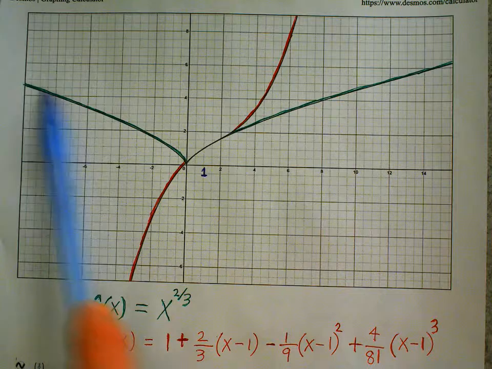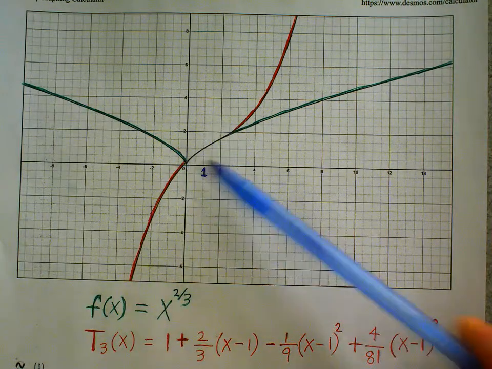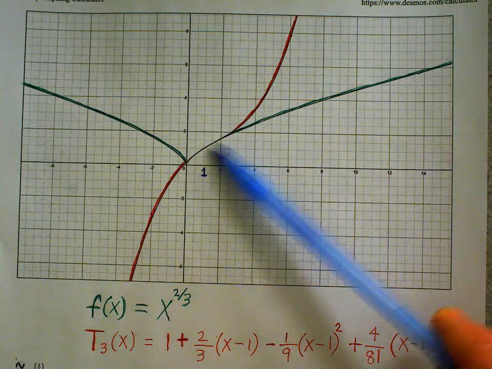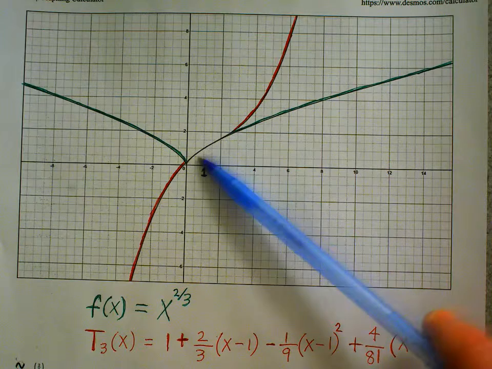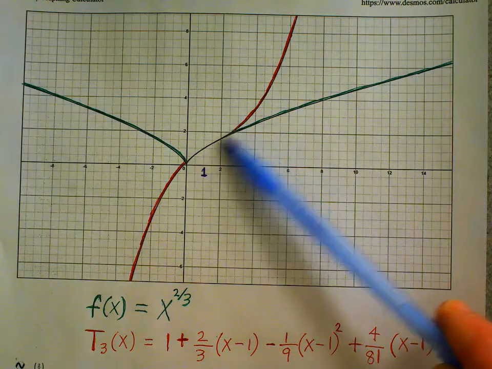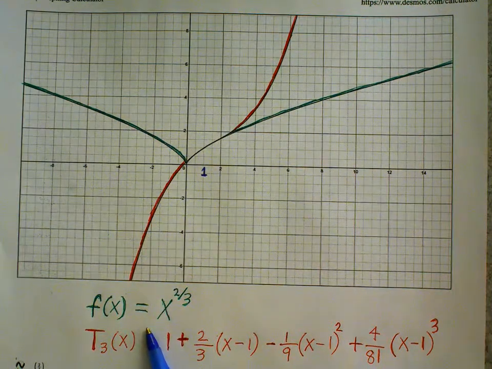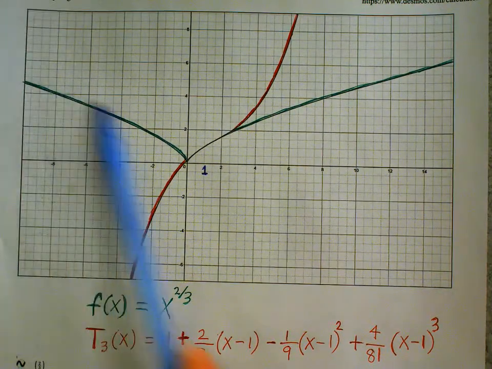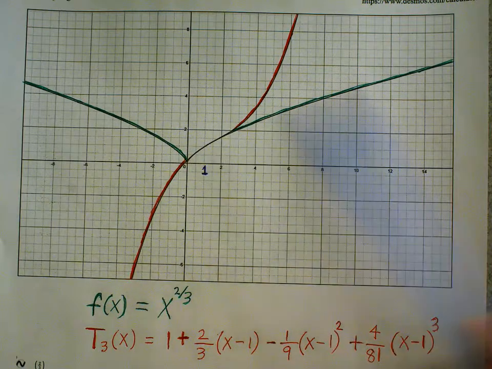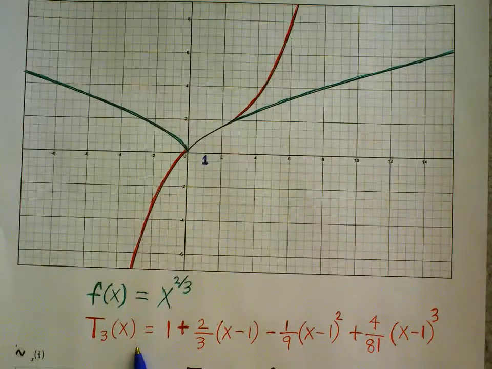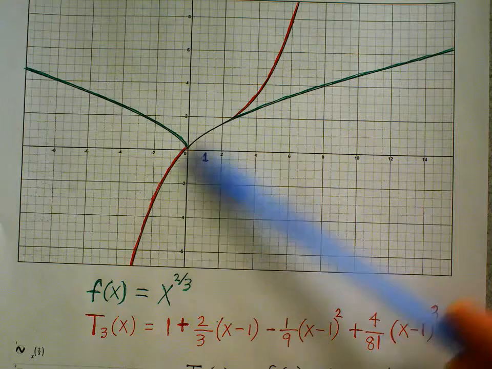I didn't color this part either red or green. This is where the two functions are close to each other. But f of x equals x to the 2/3 is the green graph. The degree 3 Taylor polynomial is the red graph.